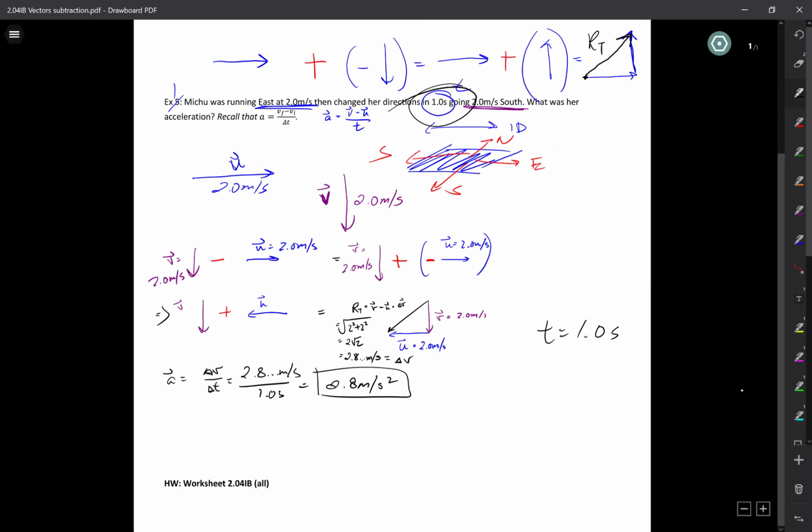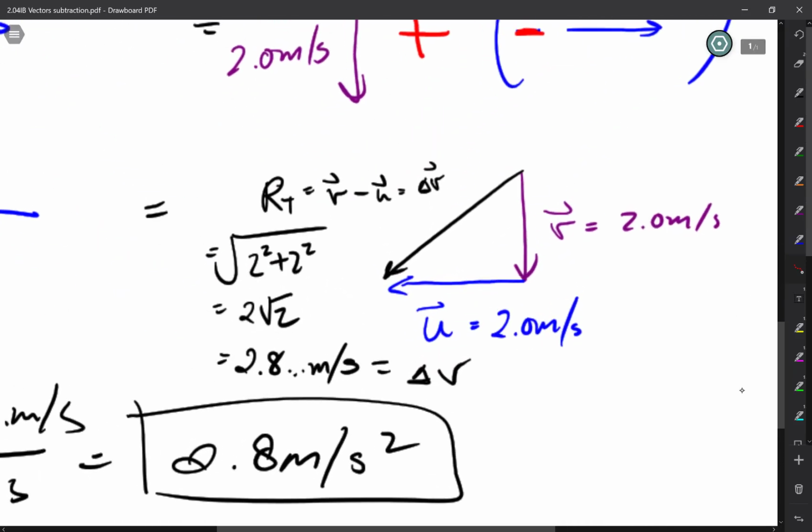Okay, so that is her acceleration. Notice it is not 2 minus 2, or 2 minus 2 divided by 1. That doesn't make sense. You can't do that when you have vectors in a 2D plane. Okay, so 2.8 meters per second squared is missing something. We are not done. We need directions.